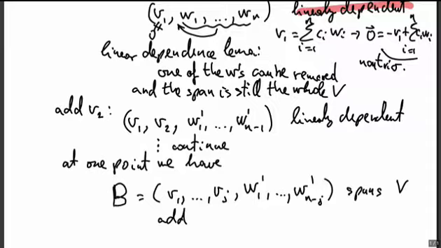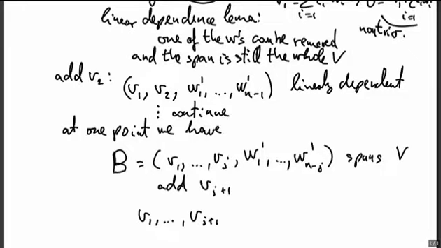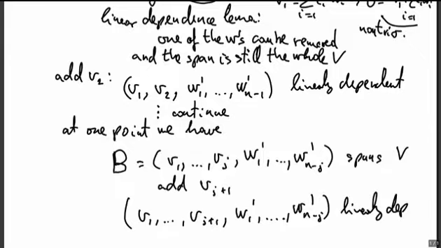Now in the next step we add v j plus 1. So what we get is v1 through v j plus 1, w1 prime through w n minus j prime. This is then linearly dependent because we added an additional vector to a spanning list.